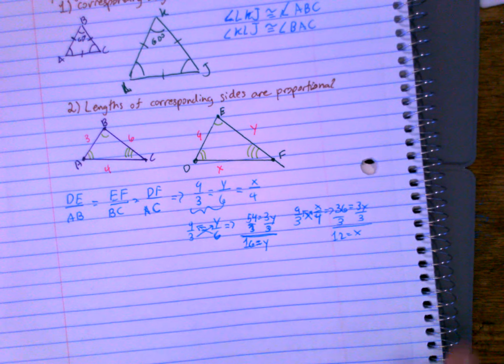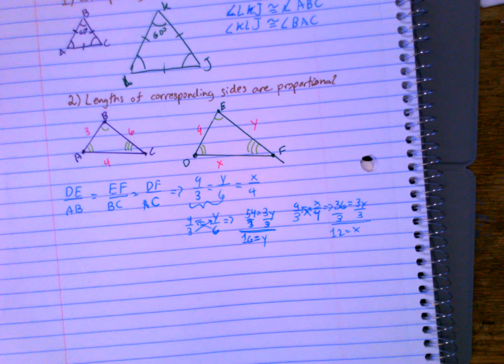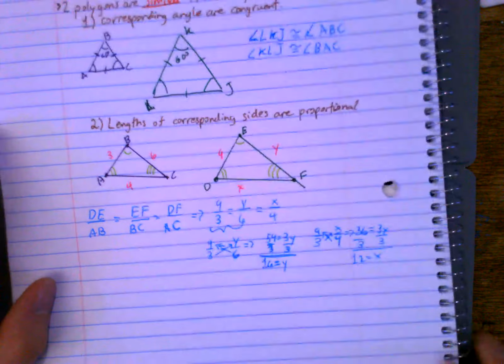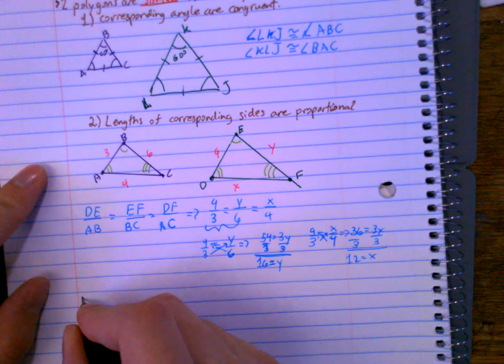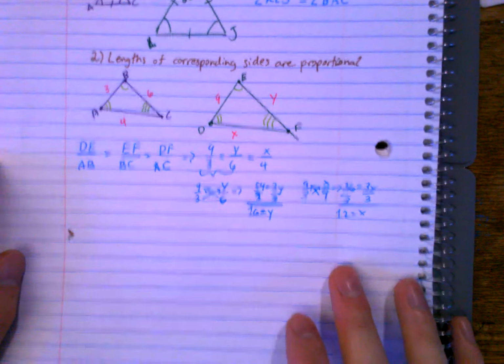All right. Now, the next thing we're going to talk about. I'm going to put an arrow next to this guy so I know where this starts. So what is this all leading to?